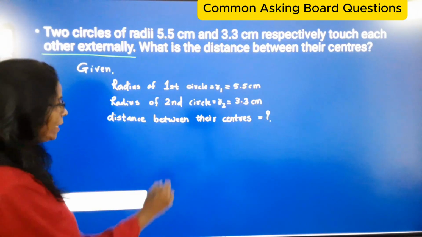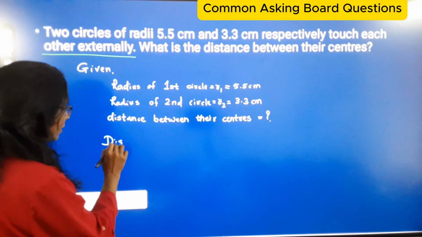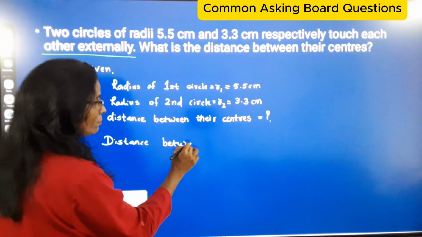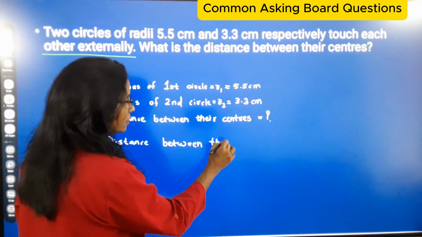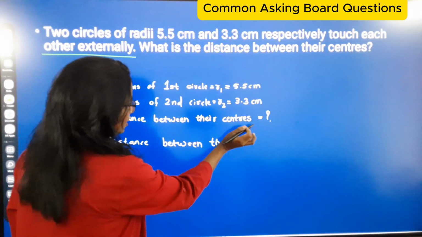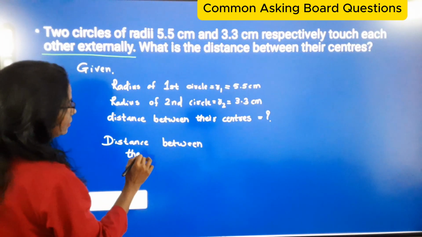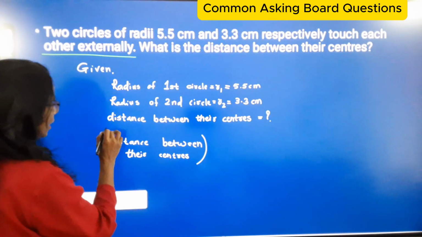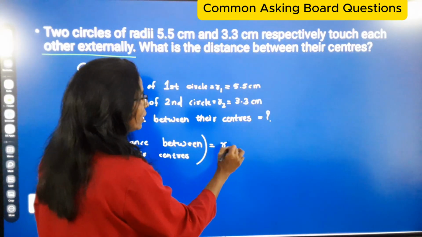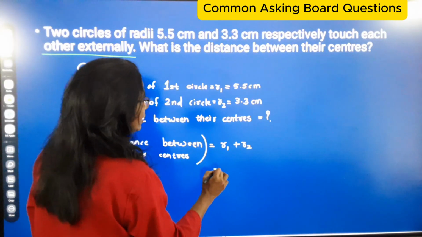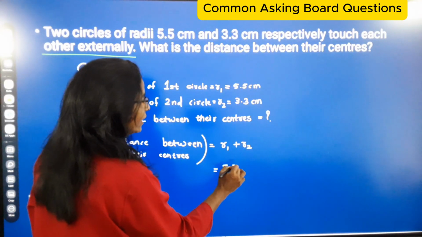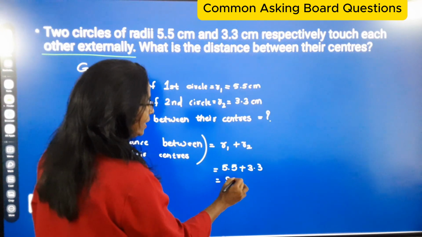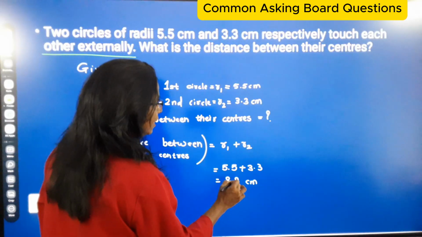Then we write the distance between their centers is equal to R1 plus R2, which is equal to 5.5 plus 3.3, which is equal to 8.8 centimeter.